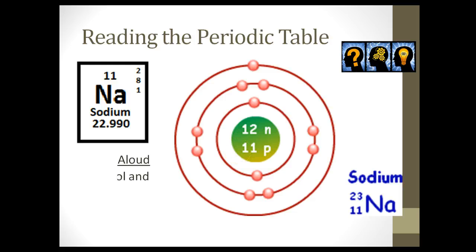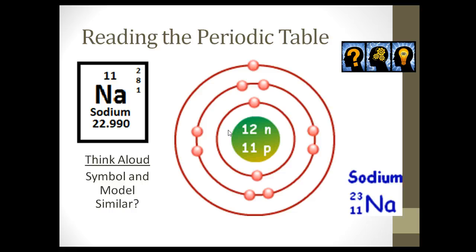What I have my kids do is look at the block and look at the Bohr model and try to see similarities between the two. So you can pause the video now and check out the similarities. Try to see as many connections as you can between the numbers in the block, the symbol, and the numbers and dots on here. And try to think about what they mean.